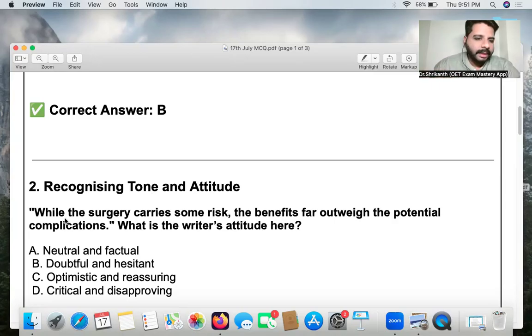So here, the sentence is, "While the surgery carries some risk, the benefits far outweigh the potential complications." What is the writer's attitude? For this, you need to know the meaning of "far outweigh." What is the attitude of the writer?